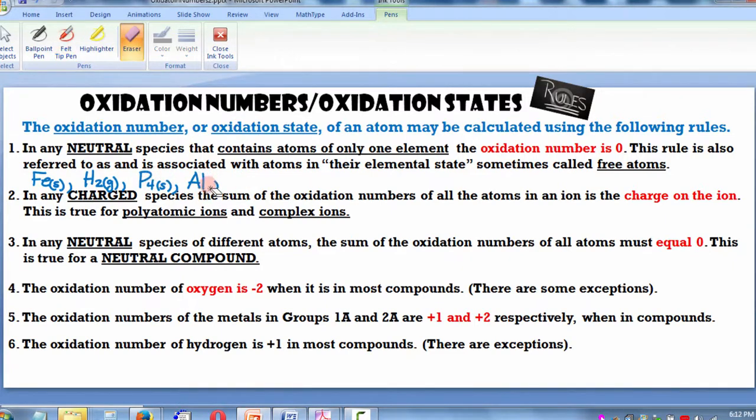Let me make this a little clearer. Aluminum solid has an oxidation number of 0. We have the same number of protons and the same number of electrons. Oxidation number of 0.